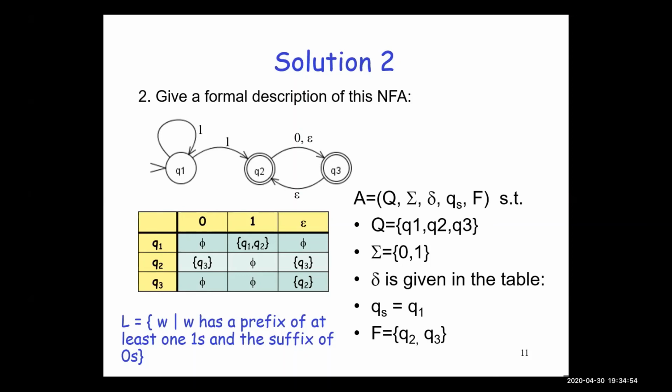Why do you need to move from Q2 to Q3 with epsilon? Why not just stay in Q2? The automaton was given. You can stay in Q2, but you can't miss Q3. Since Q3 is also an accepting state, you have to define what it adds to your language. When I move from Q2 to Q3, it can be the addition of 0, because epsilon doesn't add anything to my language.